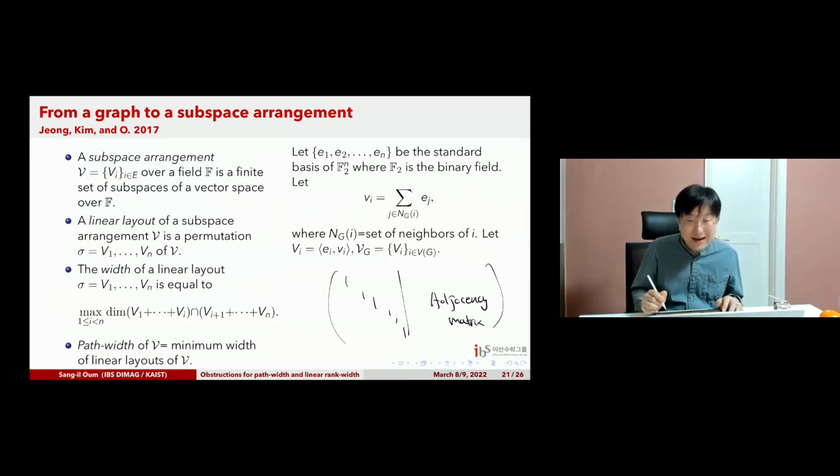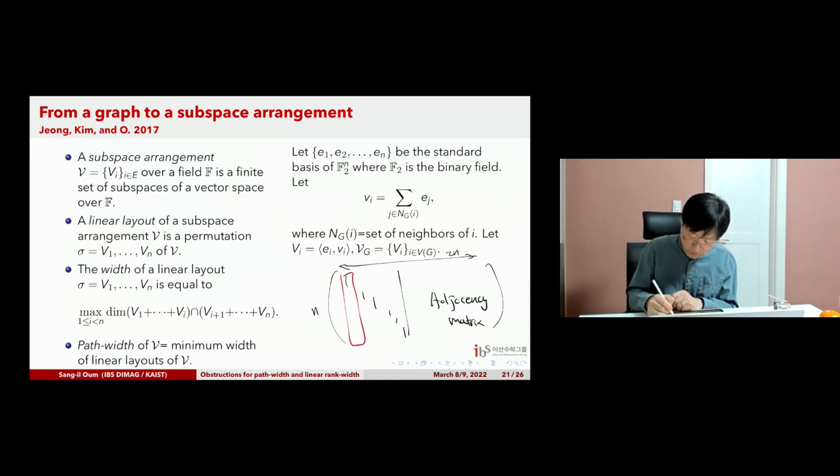I look at the identity matrix together with the adjacency matrix. So it's an n by 2n matrix, right? Now I collect the first column of the identity matrix and the first column of the adjacency matrix.